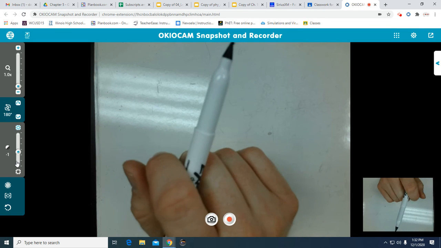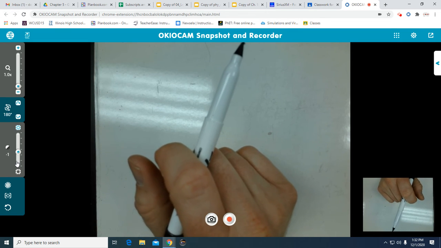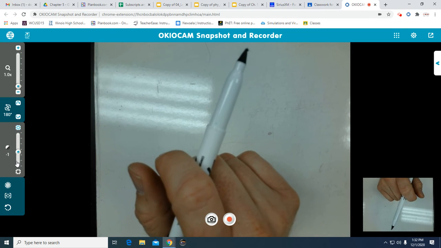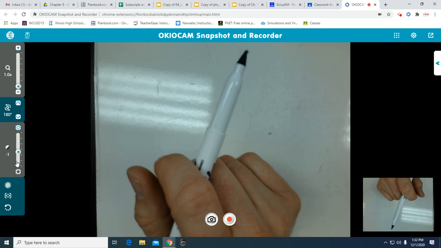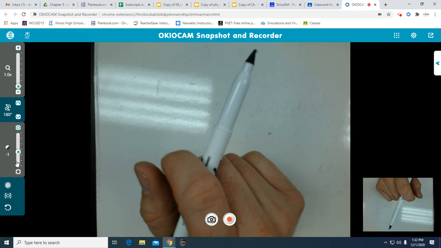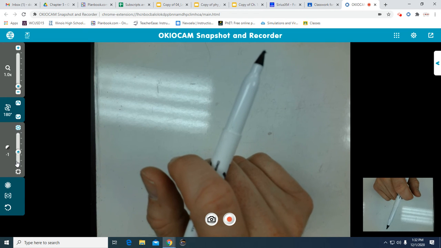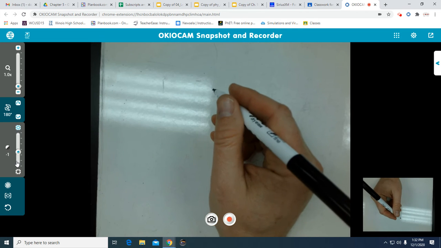Number 1 says a spring with a force constant of 5.2 newtons per meter has a relaxed length of 2.45 meters. When a mass is attached to the end of the spring and allowed to come to rest, the vertical length of the spring is 3.57 meters. Calculate the elastic potential energy stored in that spring.